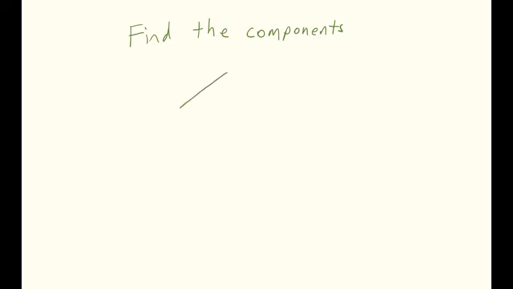In this case, I would give you the resultant. Let's say this is 33 meters per second squared, and I want to know what the components are. So you're looking for that line and that line. Assume I drew those straight.